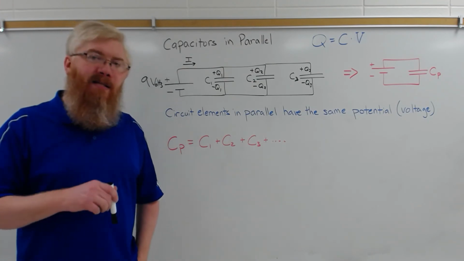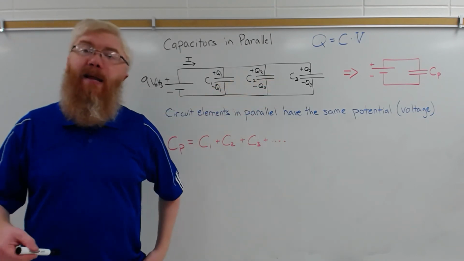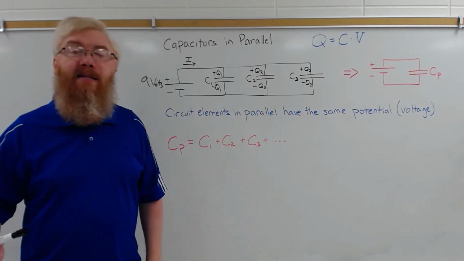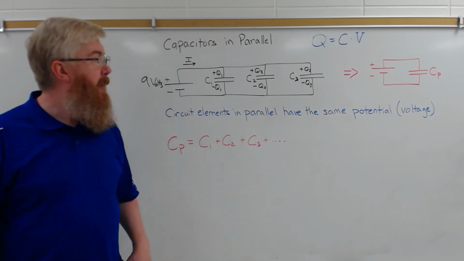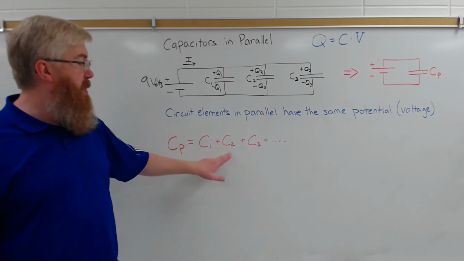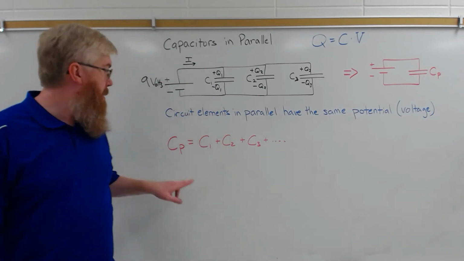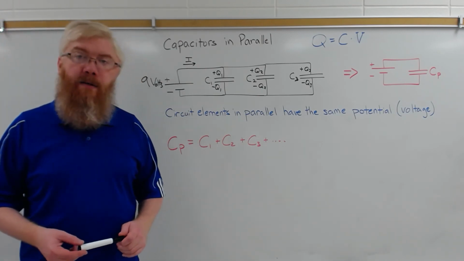So in the last example, we said, what if each of these capacitors were 10 microfarads? In series, we learned that the equivalent capacitance would be 3.333 microfarads. Here, it's 10 microfarads plus 10 microfarads plus 10 microfarads. That's 30 microfarads. So the equivalent capacitance will be 30 microfarads.